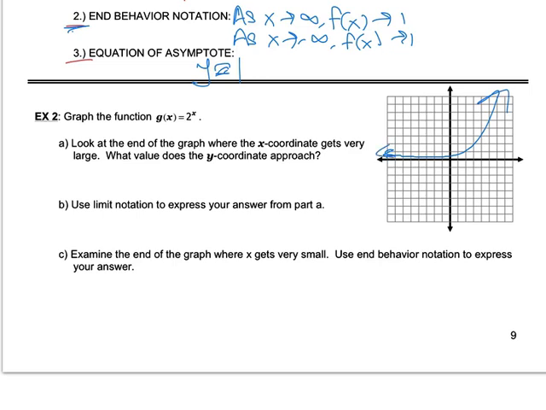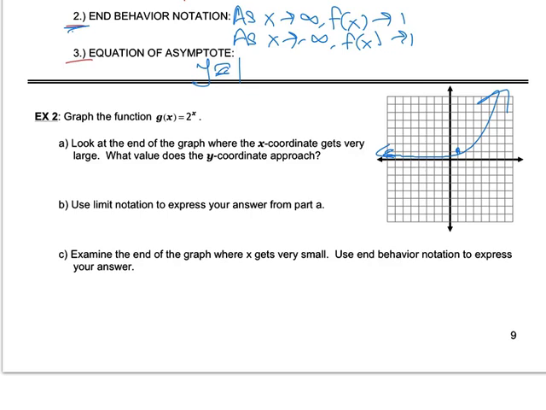A little steeper there. So it looks something like that, although it crosses through the 0.11, so it should have gone through that. And then if you're unsure as to whether or not this is going to be bound by a vertical asymptote, you can always go to your table like we did before. But if you do, you'll see that the y value is going to get larger and larger as the x's get larger and larger. So that's our sketch of the graph.